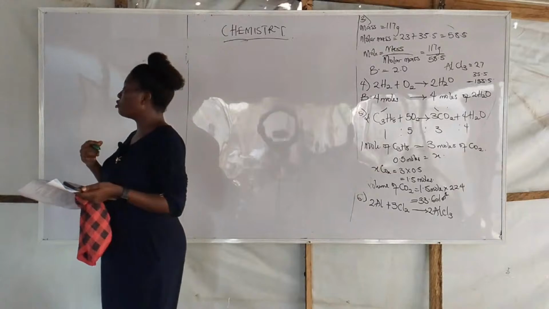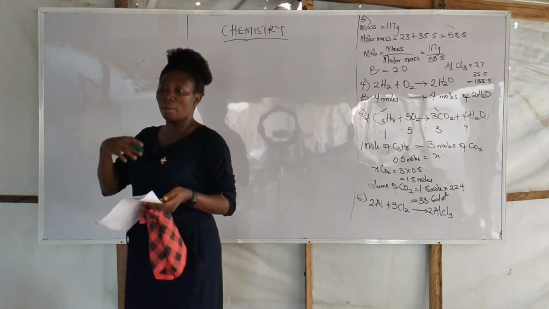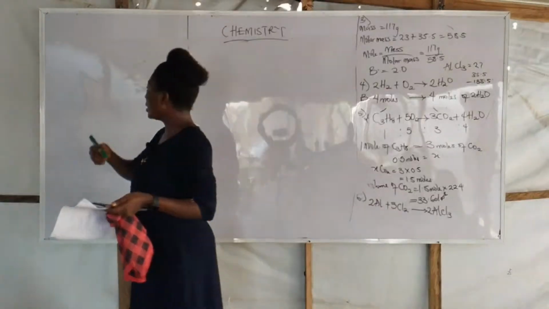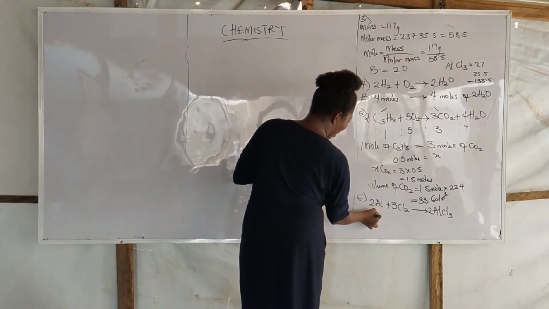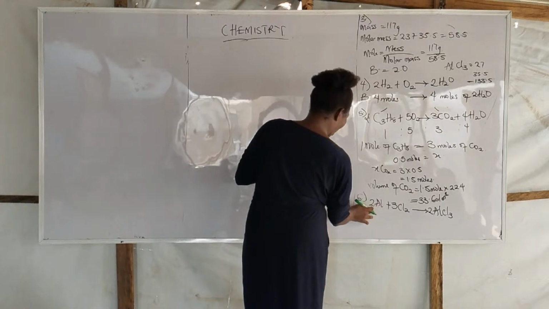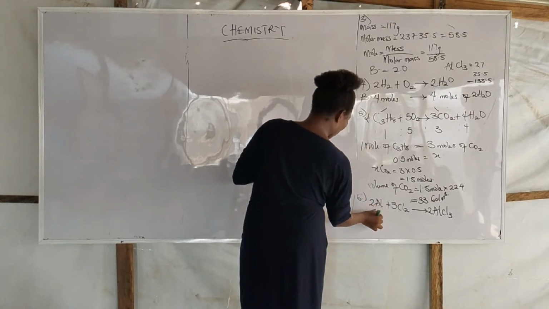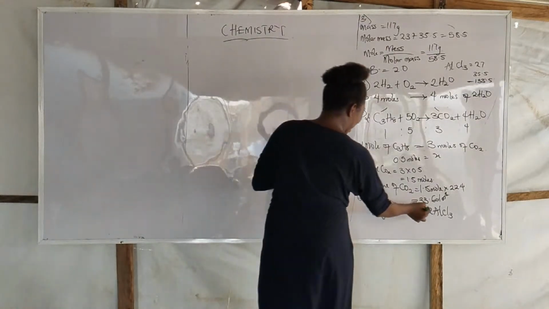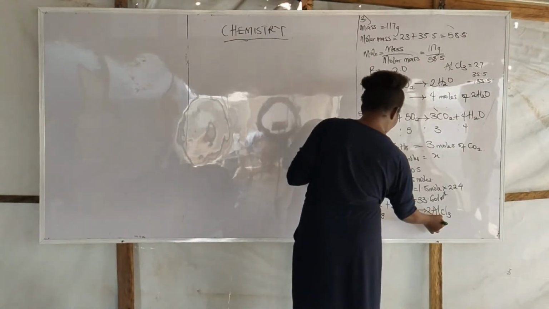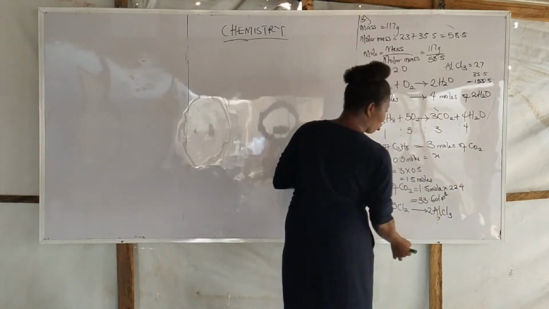The easiest one to use is mole equals mass over molar mass. Here, looking at this reaction, they're giving us 5.4 gram, and here we don't know the mass. That is what we are looking for.